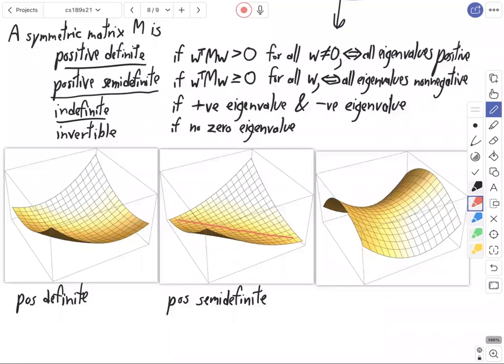So there isn't just one minimum, there's a whole line of minima in this example. In general, there could be a whole subspace of minima. And so that is positive semi-definite, but it's not positive definite because one of the eigenvalues is 0, corresponding to the eigenvector that points in the direction of this line.